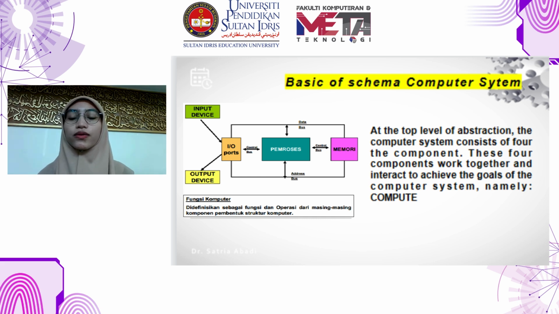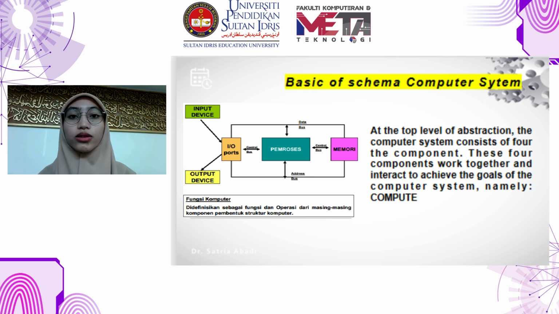The fifth one is communications, or what we call the buses. The components don't operate in isolation. They communicate using buses, which are pathways for electronic signals. Next is the data bus.